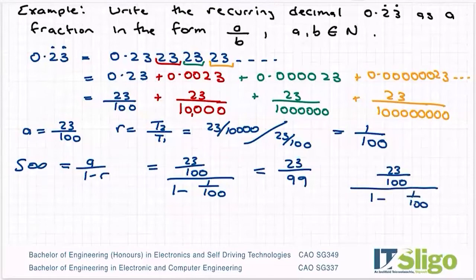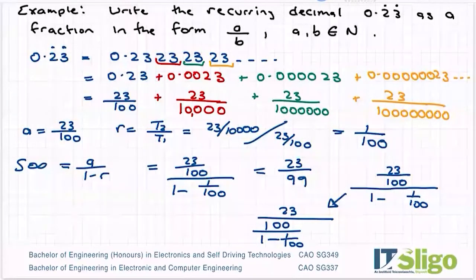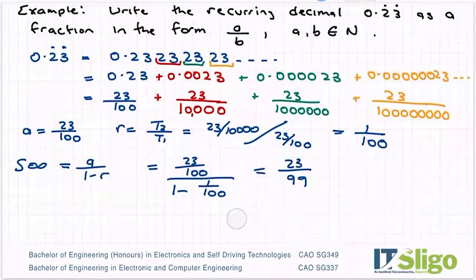The first time I put it in, I must have put it in as 23 over 100 over 1 minus 100. It's the order that you hit the fraction button in. It bothers some people, it doesn't bother others.